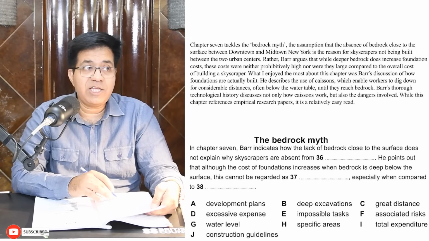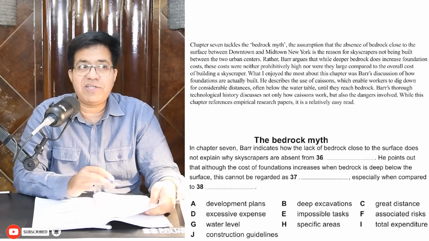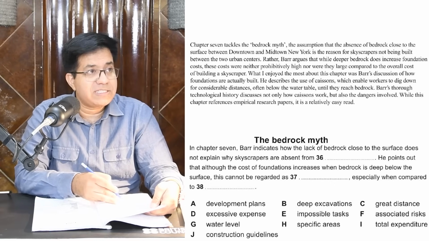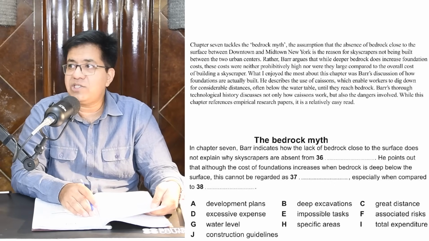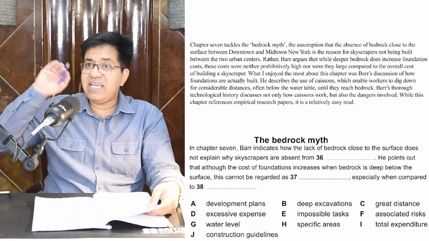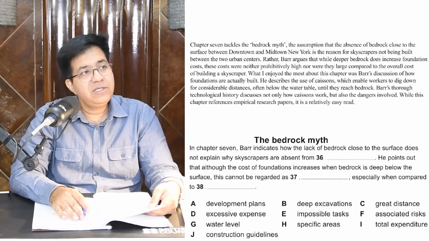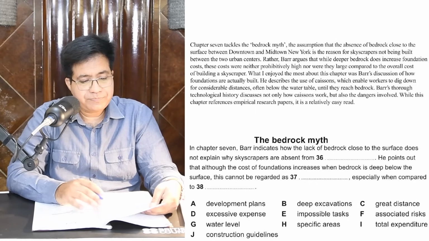Now that's why I told you it's double trouble. Otherwise, you could write two urban centers, it's simple. But looking for the synonym of that may take additional effort. So correct answer is specific areas, but you will write H. You will not write any word. If you write specific areas, you will get 0 for that.